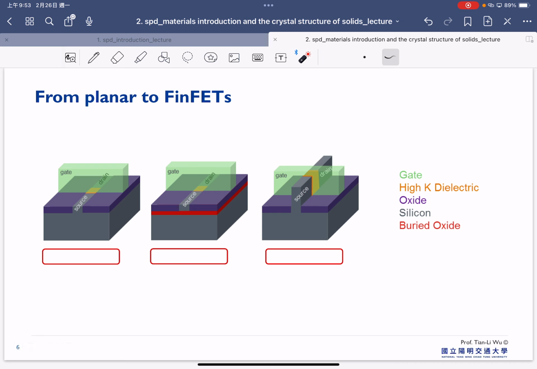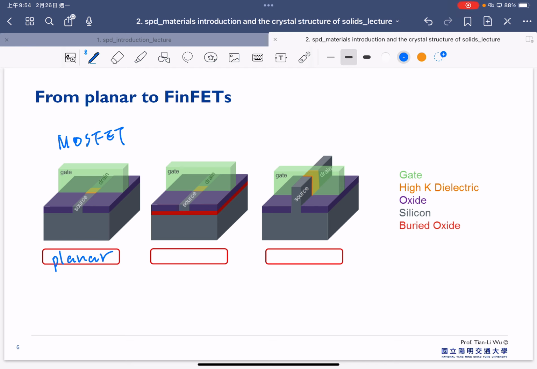We're starting from the planar MOSFET, a typical structure for the MOSFET, and then moving to better control the electrostatics in the channel to try to reduce the off-state current.